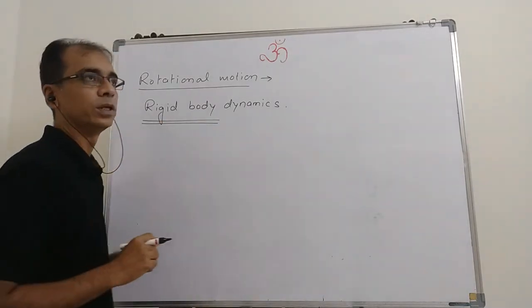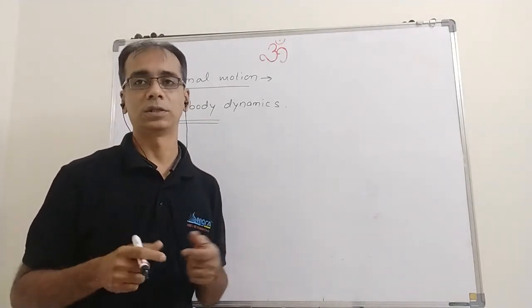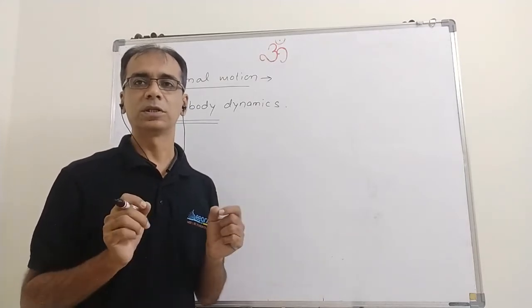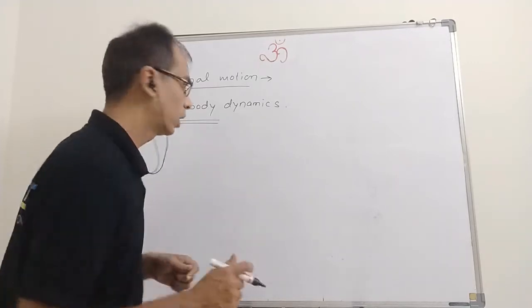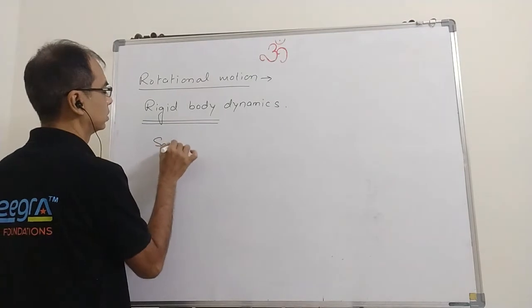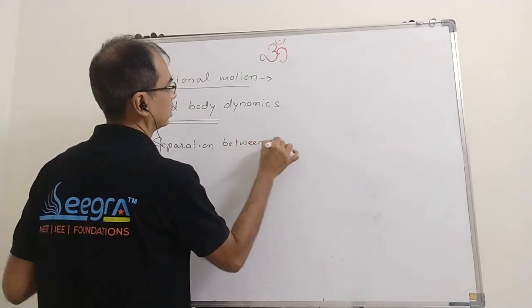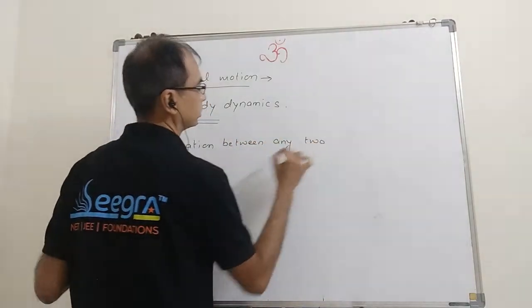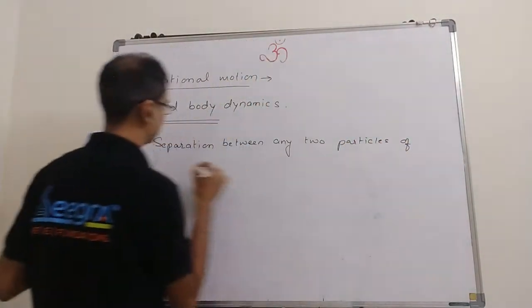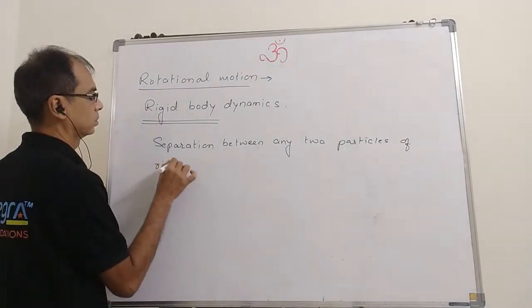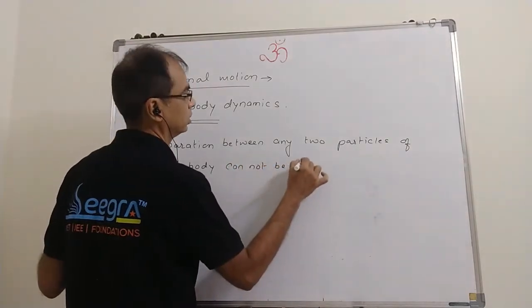A rigid body is one in which the separation between any two particles of that rigid body cannot be changed. That body is called a rigid body.